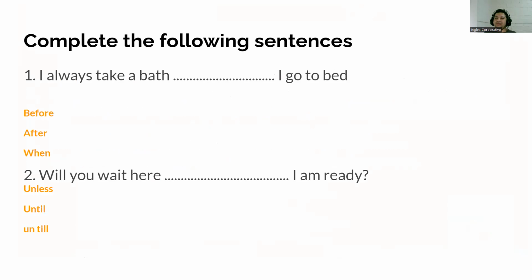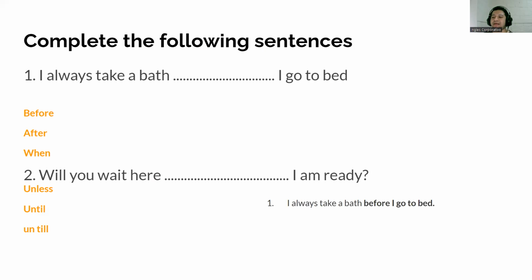So we're going to practice right now. It says complete the following sentences. Number 1: I always take a bath, I go to bed. Before, after, or when? When. Okay, let's see. Before, right?